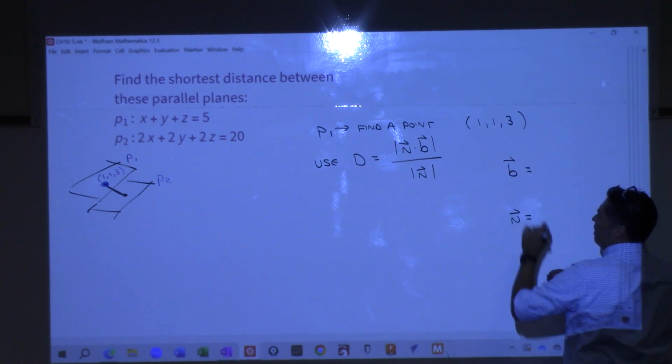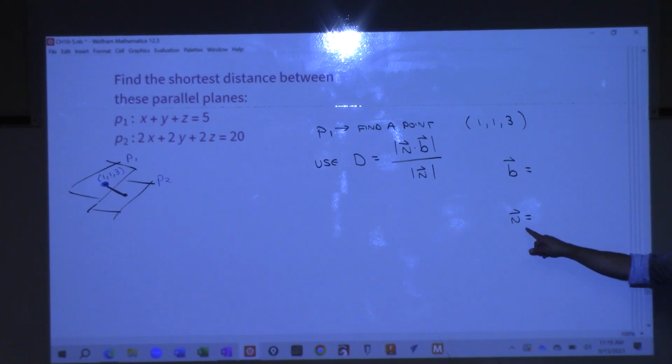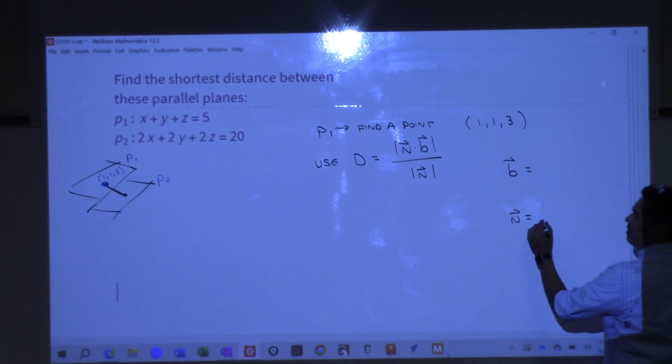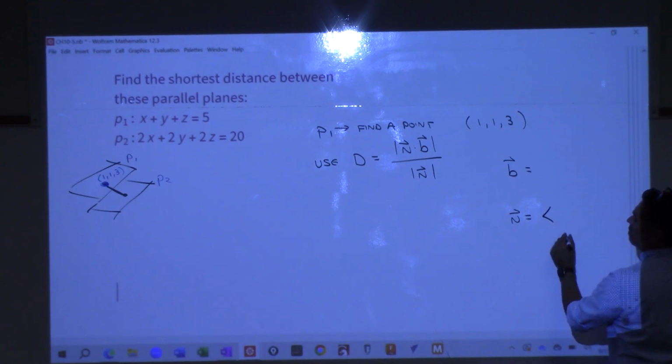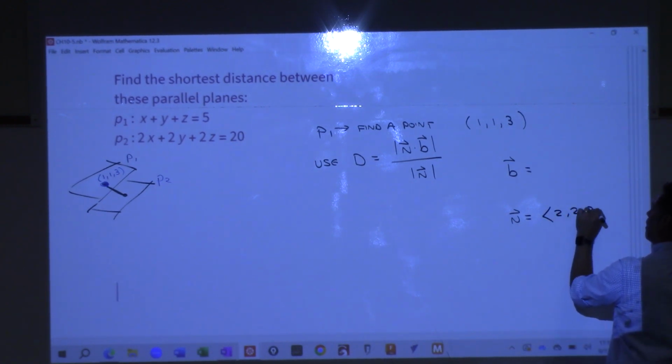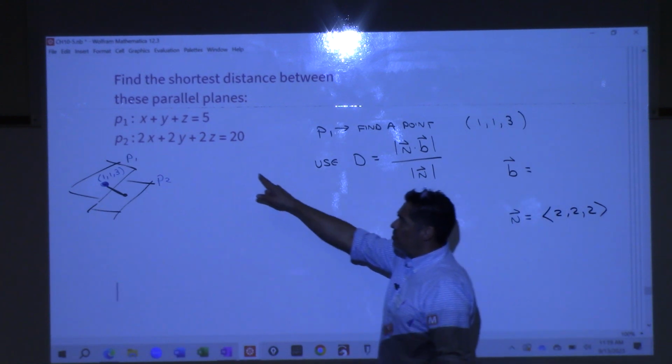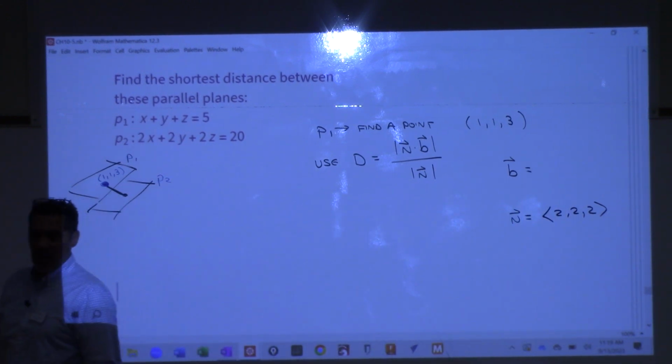So let's start with n because I think it's the easier. n is the normal vector of plane 2, right? Well, you could actually say plane 1 as well here because they're parallel. But going from this, where we got this formula, this for us would be the vector (2, 2, 2). That is the normal vector of the second plane.